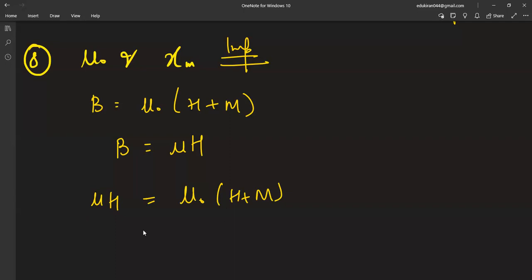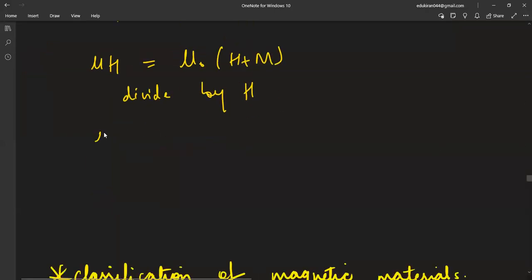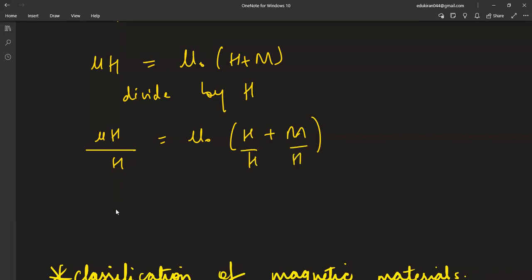So do one thing, divide the entire equation by H. So when you divide it by H, this becomes mu H by H. This is mu naught H plus M, divided by H. This is divided by H. So what are we left with? Mu is equal to mu naught (1 plus M by H).